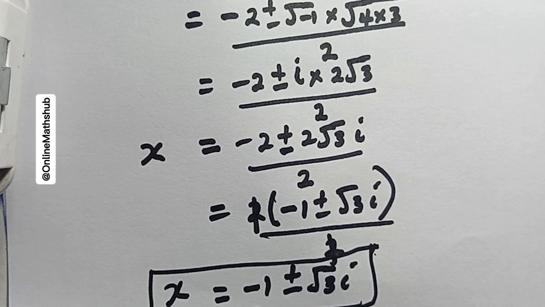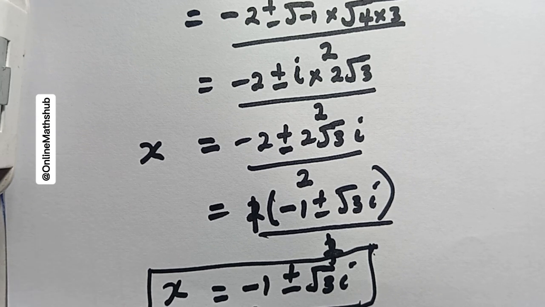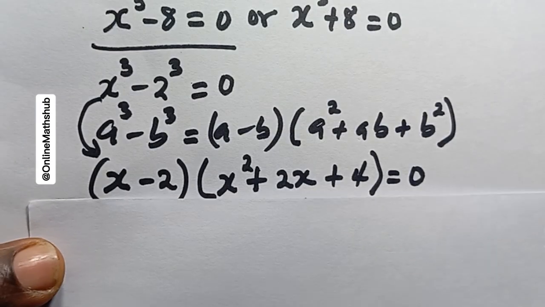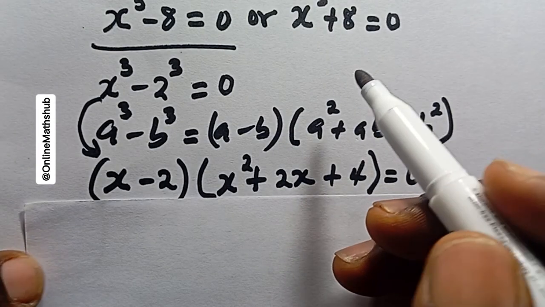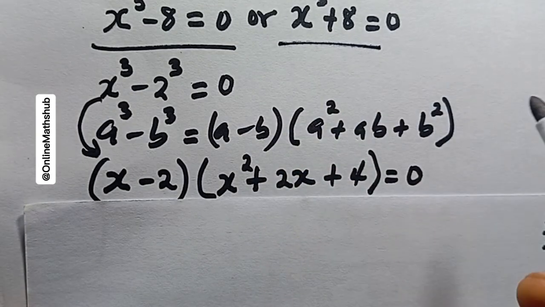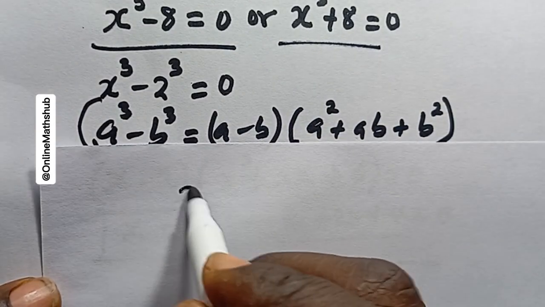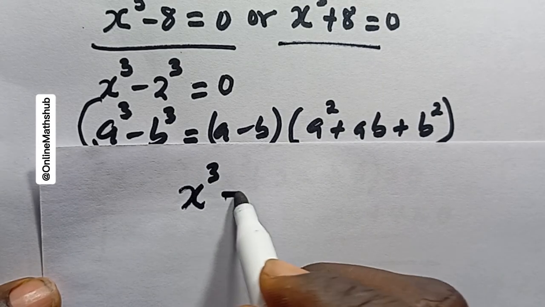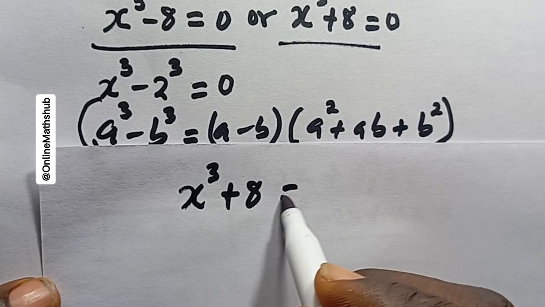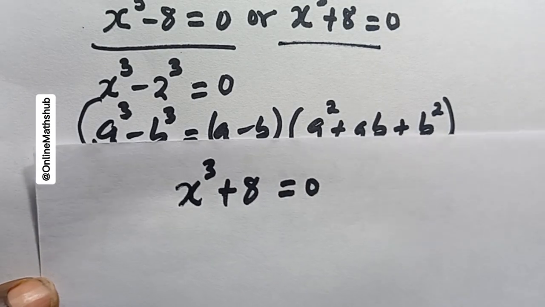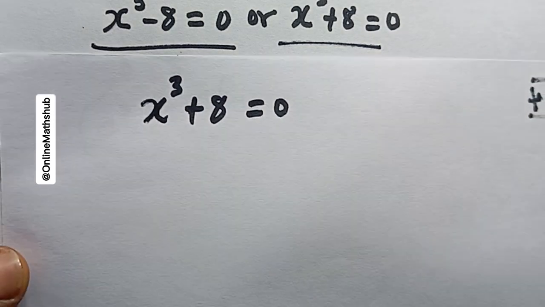Okay, so this is going to be the next two values of x. What we have to do next is to obtain the remaining values of x. We are just going to consider this case right here, and then we obtain the remaining values of x. So what we have there is x power 3 plus 8 is equal to 0. How do we simplify this?